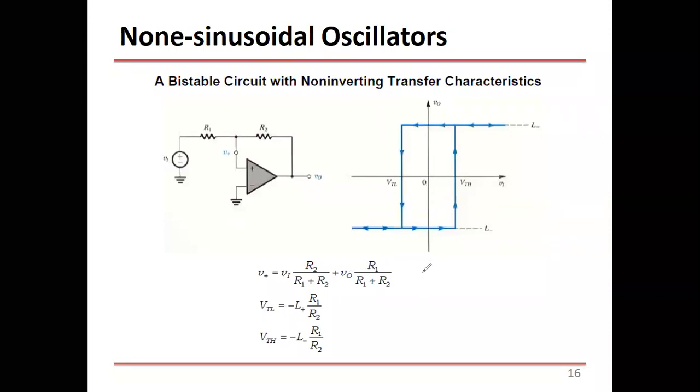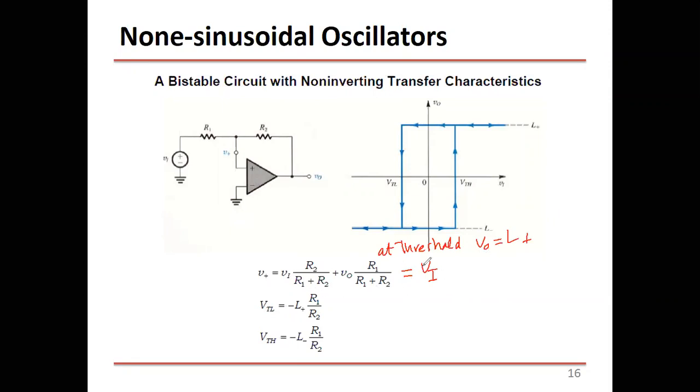Yes. So this is at threshold. At threshold, V out equals the highest value, which is L plus, right? Okay, so let's substitute V out with L plus.